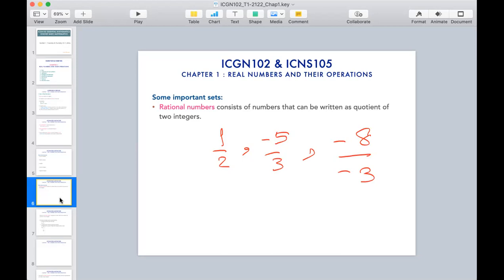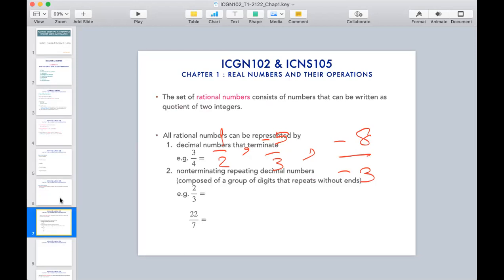These are all examples of rational numbers. If I had to write down every single rational number in the set, it is not possible because there are so many numbers, so we use another notation instead that I'll teach you later.